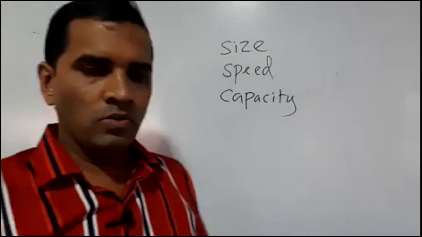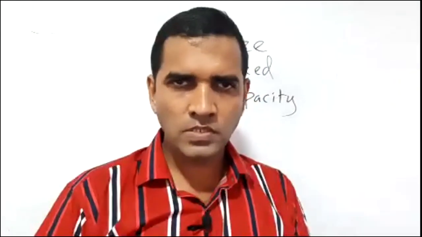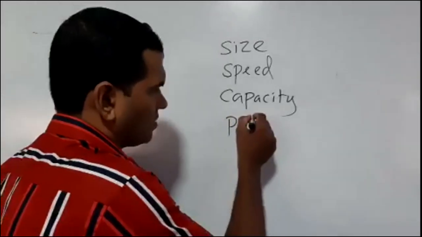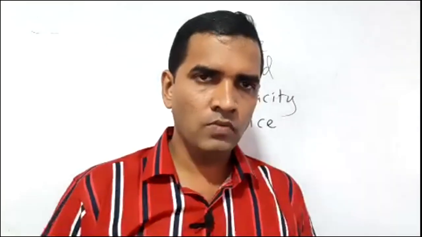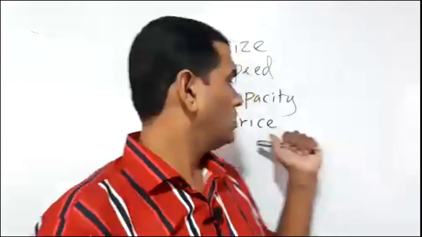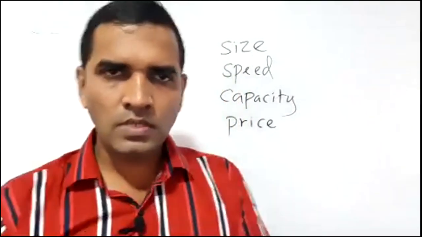And the price, that may be one of the characteristics, right? Sometimes computers were very expensive, sometimes they are not expensive. So that price, that is the characteristic. It may not be a physical component or physical appearance, but it may be one of the features of a computer, right? Price. And also, you know that computers consume electricity, right?